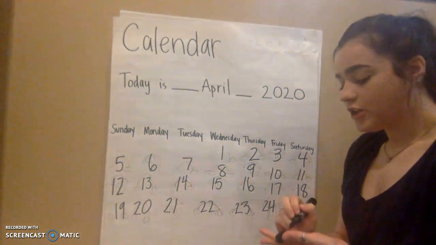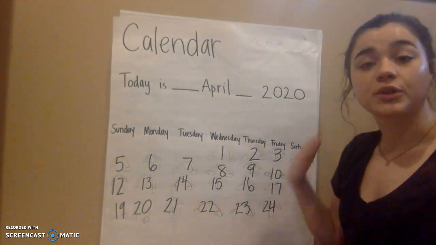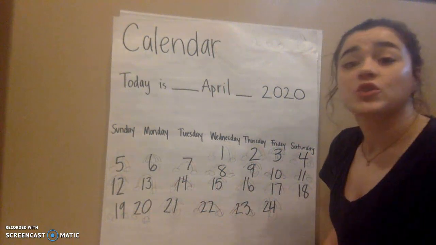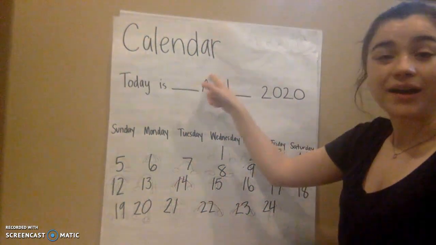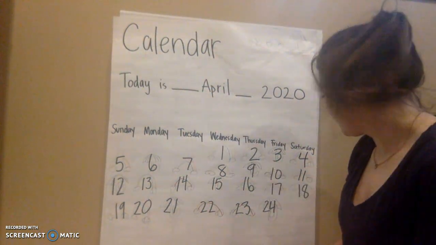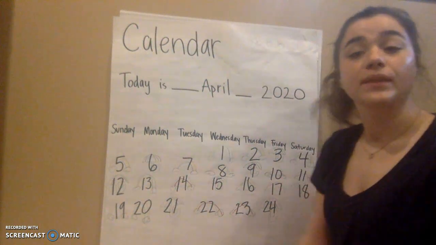Very good. 2 and 4 together make the number 24. We have had 24 days in the month of April. Very good, you guys. All right, let's say the date.